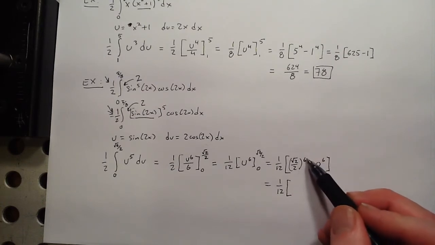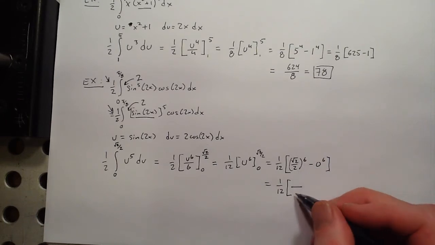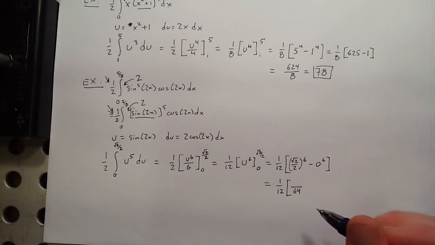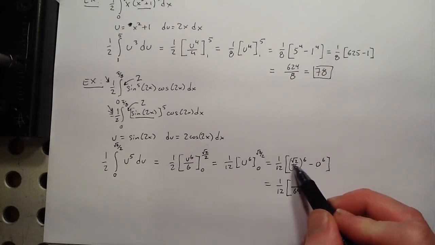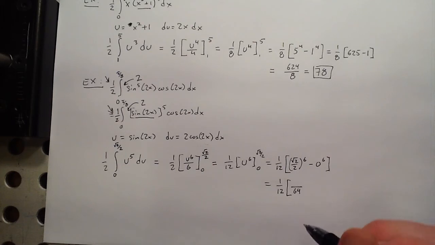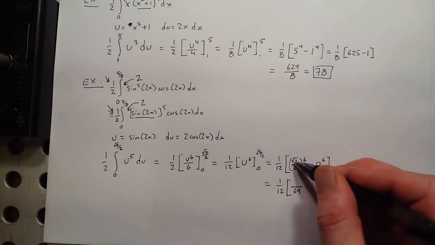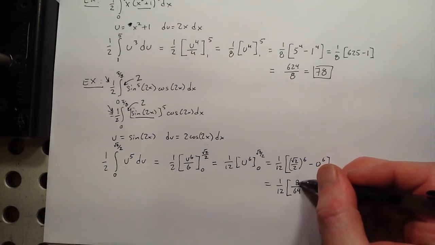I'm going to raise this fraction to the 6th power. I have to do that to the top and the bottom. Well, the bottom's easy. 2 to the 6th is 64. The square root of 2 to the 6th, well, the square root of 2 squared would be a 2, and then I get 3 of those. So the square root of 2 to the 6th is the same as 2 cubed, and you can pause and think about that for a minute. That's 8.